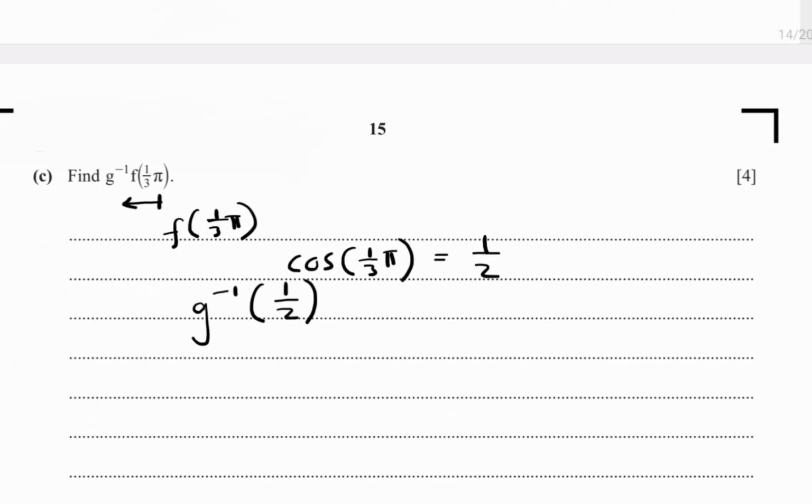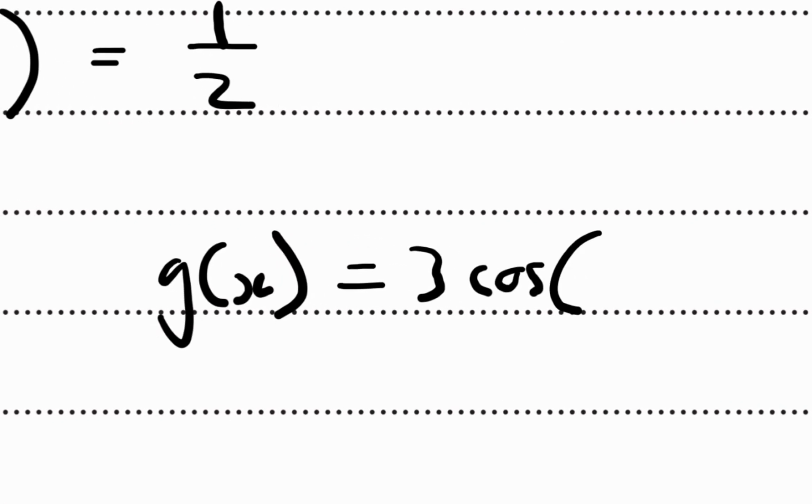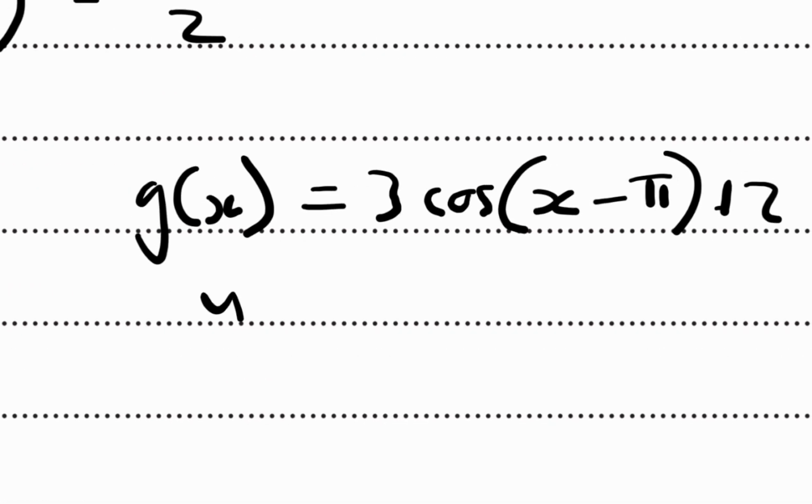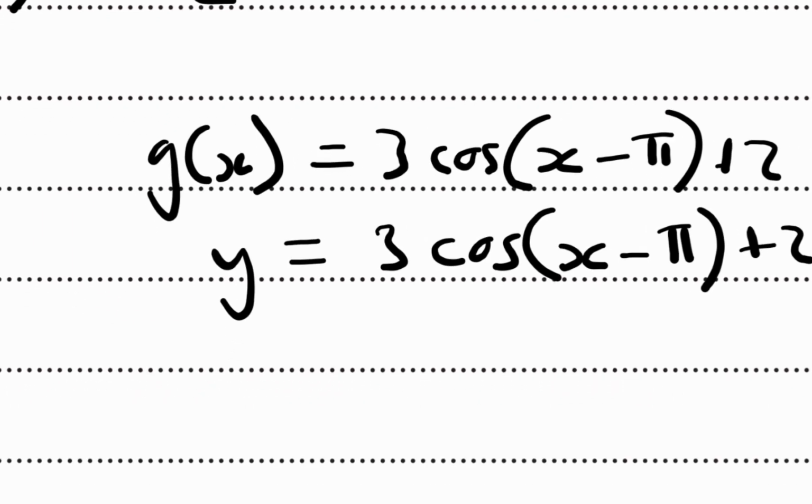So g of x is 3 cos x minus pi plus 2. So taking this to be y, it's y equals 3 cos x minus pi plus 2, like that, right?